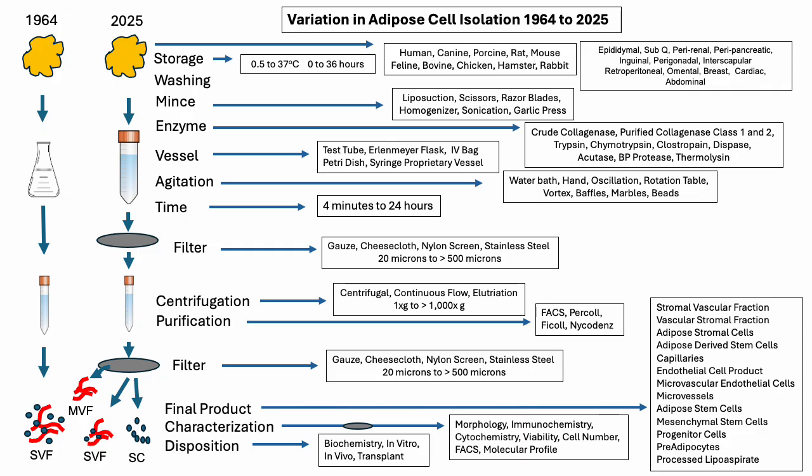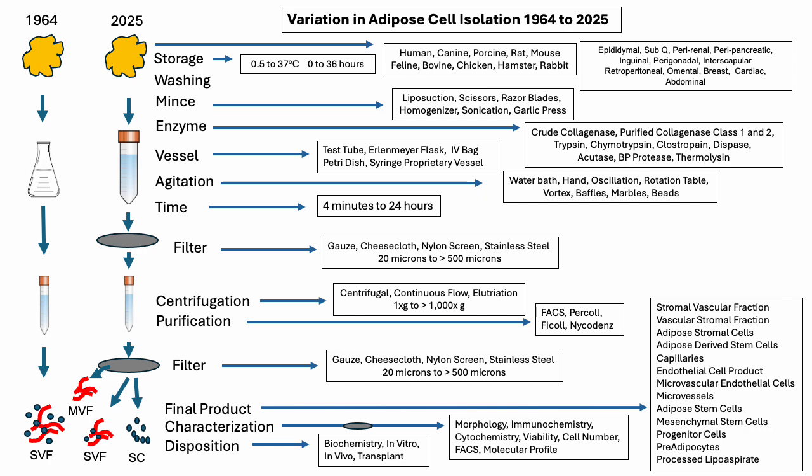Filters, numerous filters have been utilized over the years. Gauze, cheesecloth, and then different micron size filters. Centrifugation from 1G, which means just gravity separation of the pelleted cells, up to 1,000 times G for a short or relatively long period of time.